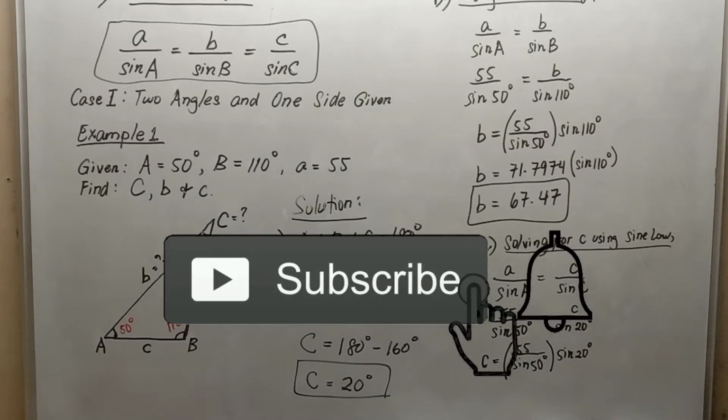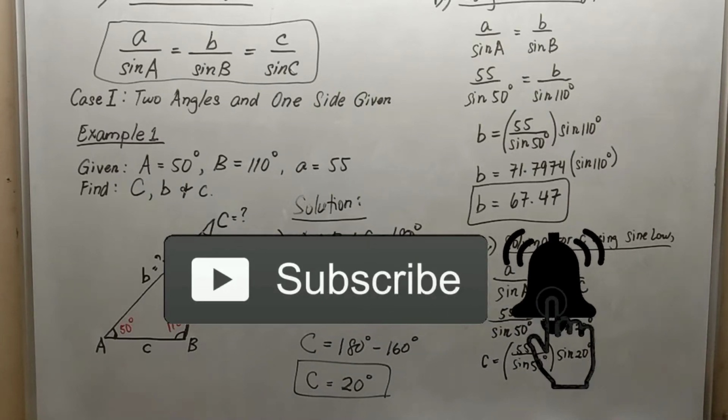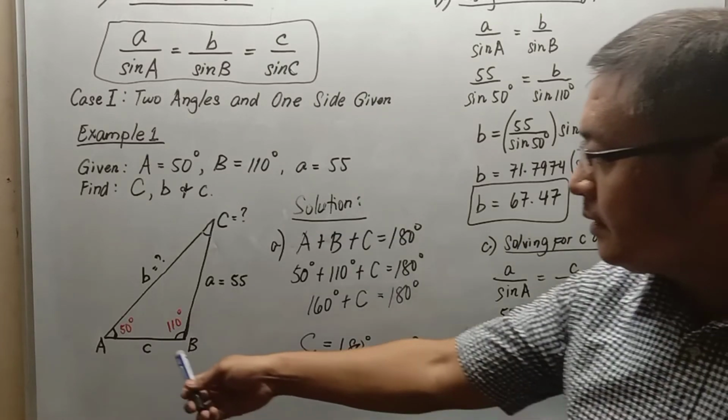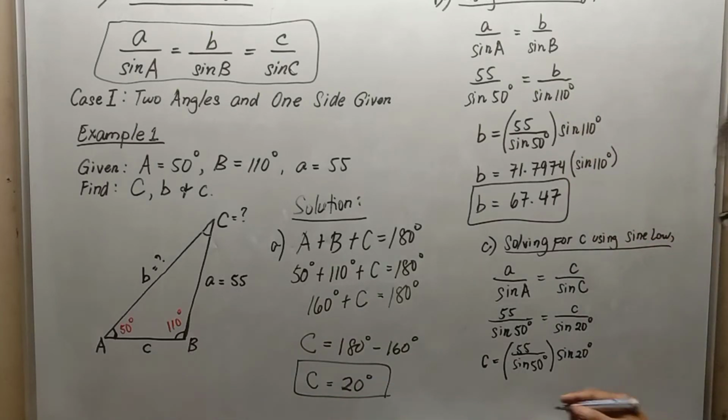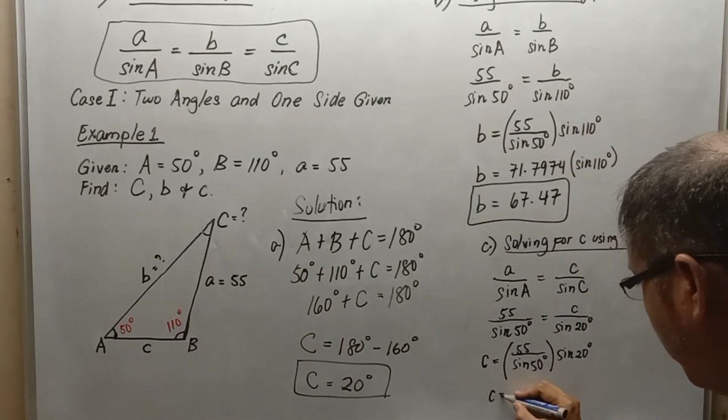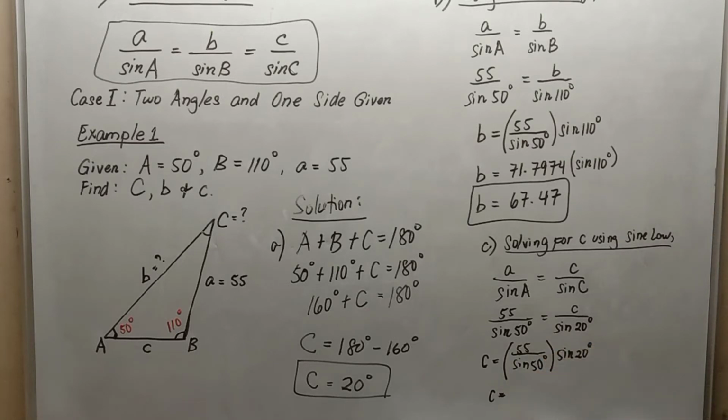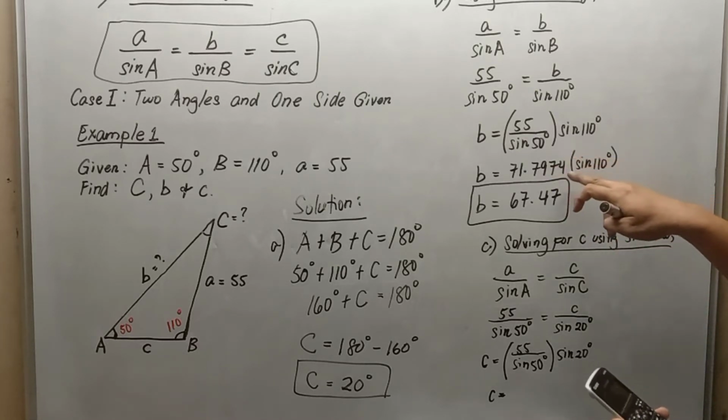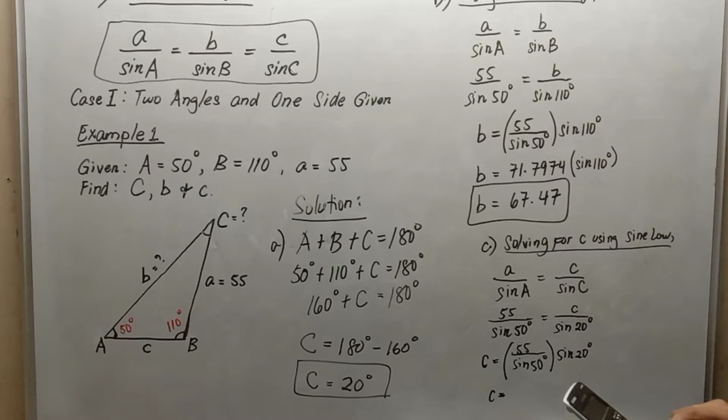Okay guys, I hope you followed our procedure on how to solve the value of C, the third side. Now, let me calculate. C will be 55 divided by sine 50 degrees, which is equal to 71.7974, times sine 20 degrees.